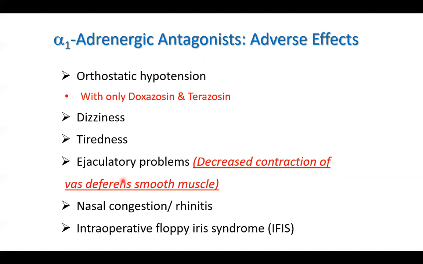You don't need to worry about that much, but it can happen if someone is on subtypes like tamsulosin and has cataract surgery: intraoperatively the iris can collapse. To avoid that, if someone has cataract, they should have the surgery first and then start the drug. If somebody is already on the drug, they should inform their ophthalmologist before going for the surgery.